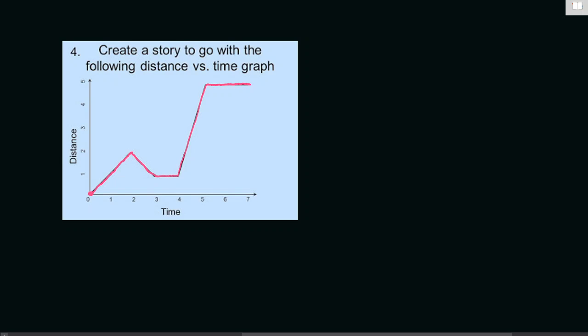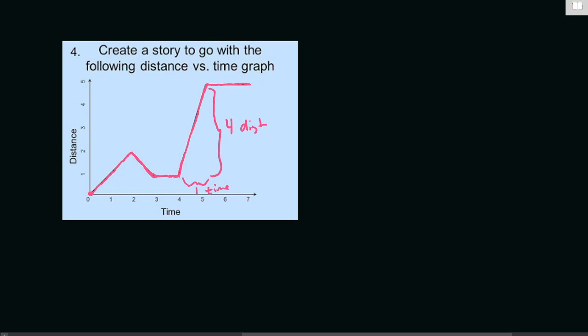So I need to come up with a situation where someone wants to go away from their destination, double back for a while, and then just chill. And then hustle, twice as fast-ish, until they get all the way to the destination. Actually, that's much more than twice as fast. If we figure out the slope, this last piece is 4 distance in about 1 time.